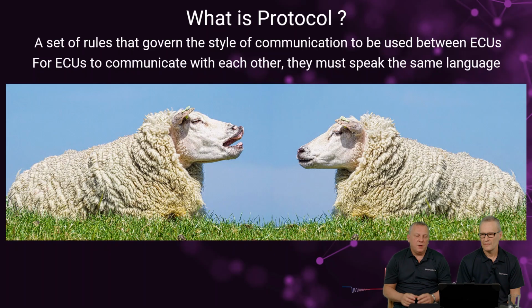So when a protocol is established, it's just an agreement of how a particular network will communicate, and that includes the language and everything that goes on with that. So the options here are almost infinite, even though we're only talking about a 1 or a 0 in most cases.